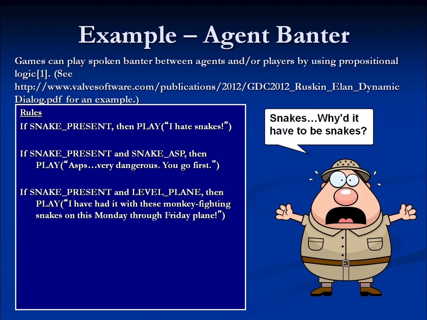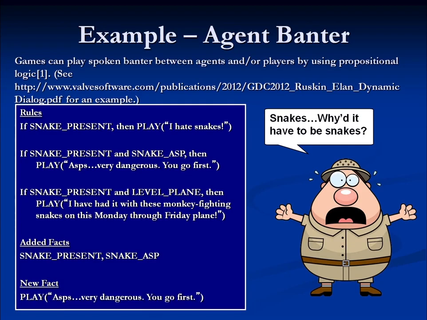If a snake is present and the level is a plane, then the character will say, "I have had it with these monkey-fighting snakes on this Monday through Friday plane." If we add the facts, snake present and snake asp, then the result, the conclusion, will be that the agent will say, "Asps, very dangerous, you go first."